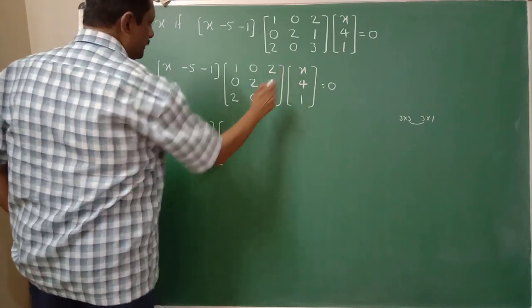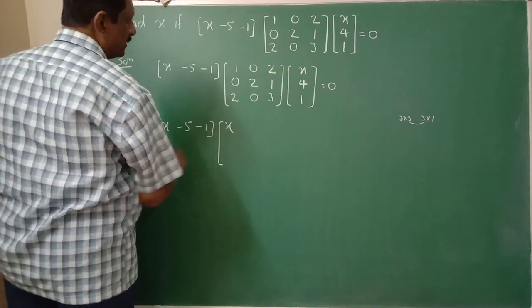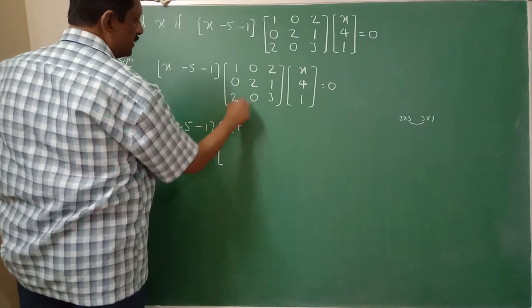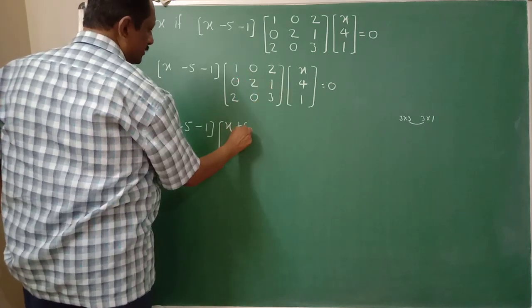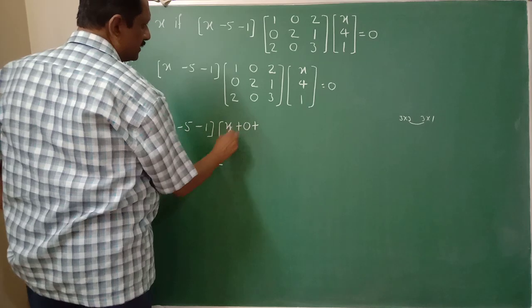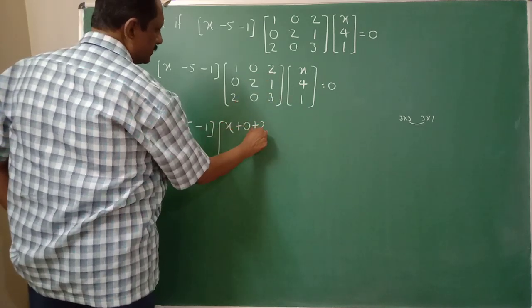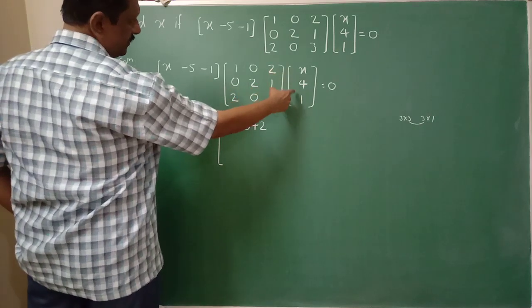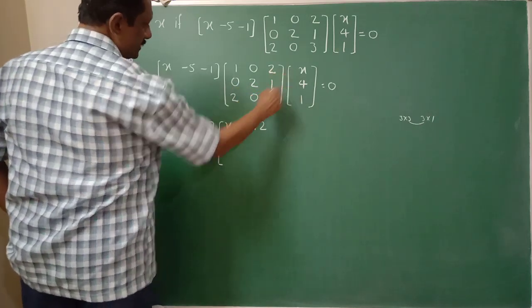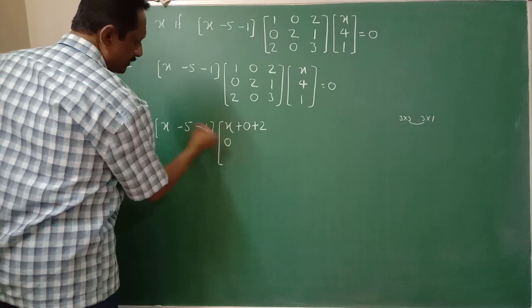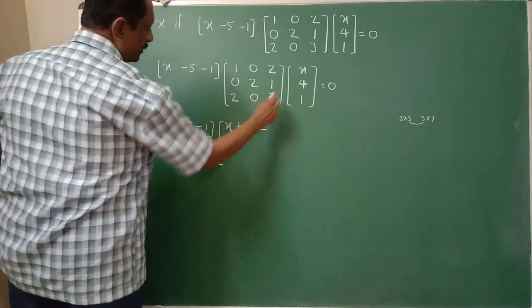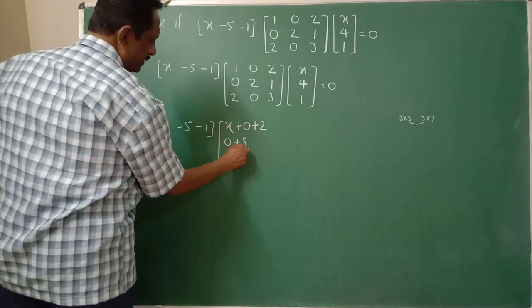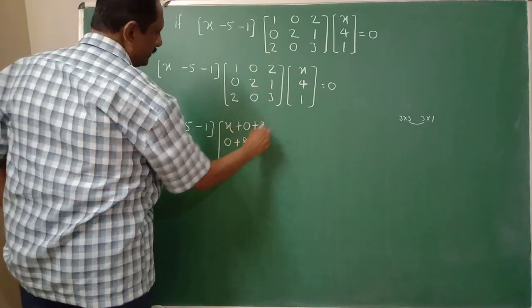1 into x becomes x, plus 0 into 4 becomes 0, plus 2 into 1 becomes 2. Then multiply the second row with the column. 0 into x becomes 0, then 2 into 4 is 8, plus 1 into 1 becomes 1.